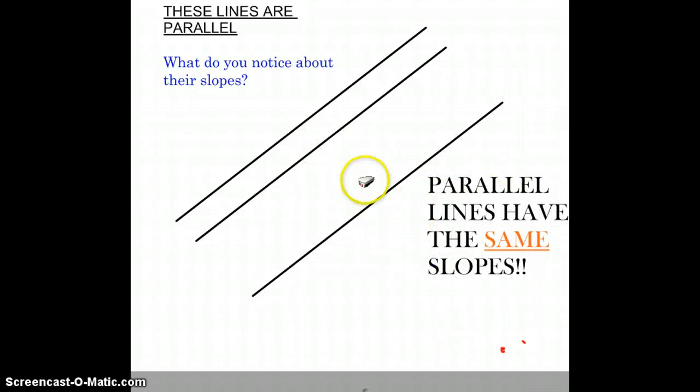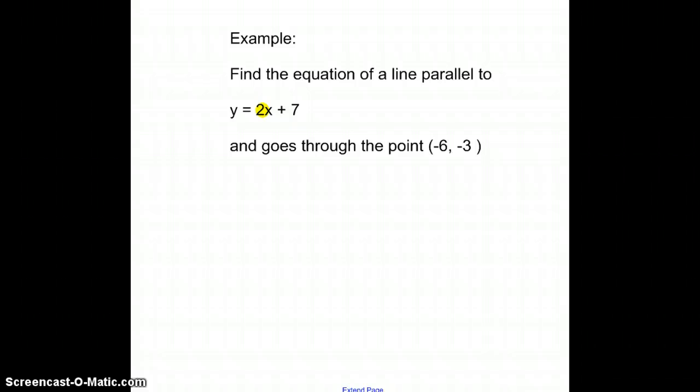So all these lines that are parallel, and you don't need to copy this down, we already have this in our notes, all parallel lines have the same slope. In this example, they're giving us a specific point that this parallel line is going to go through. We can come up with an infinite amount of lines parallel to this.